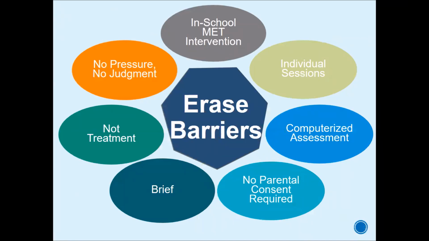So one of the things to make it easier, again, for people to participate in an intervention like this is that we thought we should go to where we thought kids were. So we brought the checkup model into the schools. They could participate in the checkup and the MET intervention within the school day. The sessions were individual again, so nobody else needed to know that they were in the checkup at the school.